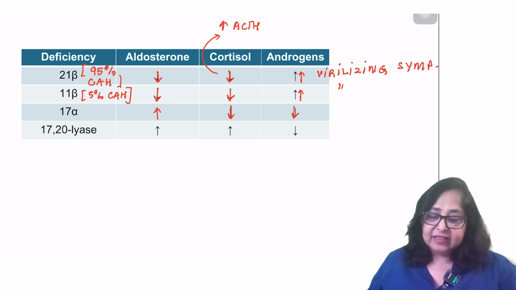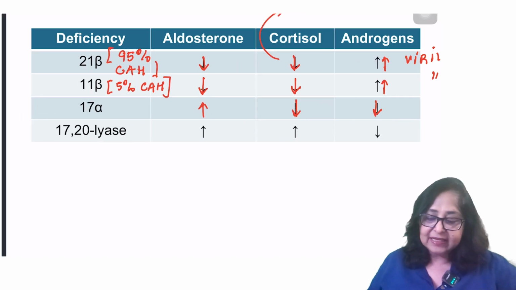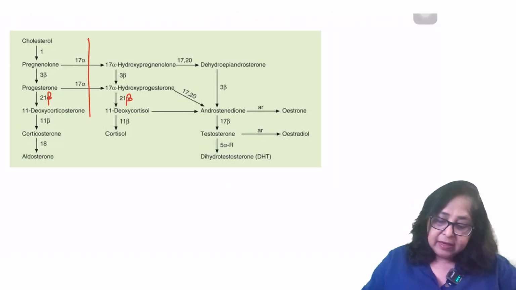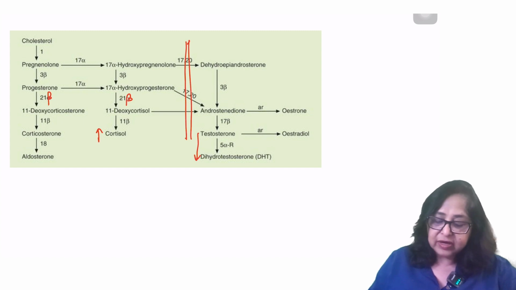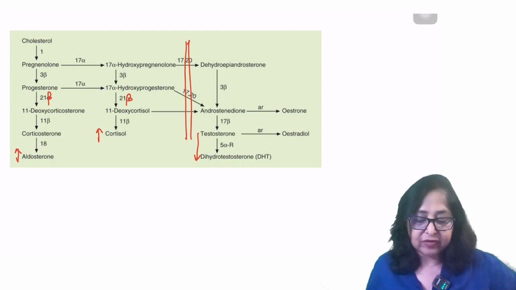Let's look at the 17,20 lyase deficiency. Now, 17,20 lyase is an enzyme which is required for the synthesis of androgens. So if this step is blocked, there is decreased androgens, excess cortisol, excess of aldosterone.